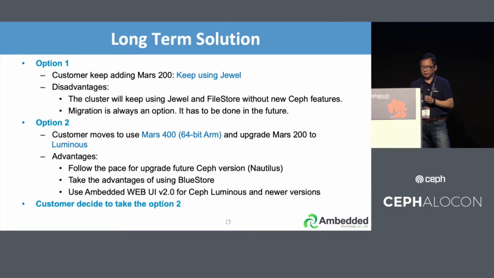The old servers can also use the better performance BlueStore. And our user interface can also migrate to the newer version which supports Luminous, because Luminous and Jewel have little difference. So the software is separated.